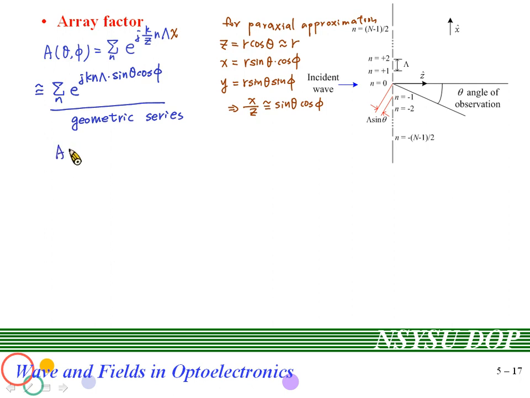So the array function can be obtained as 1, I should write it like this, exponential minus jk.